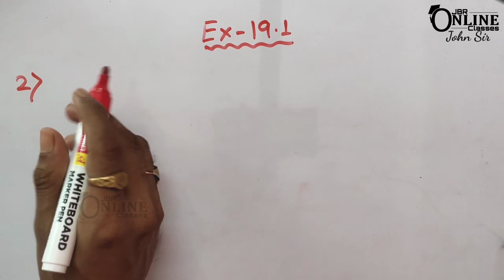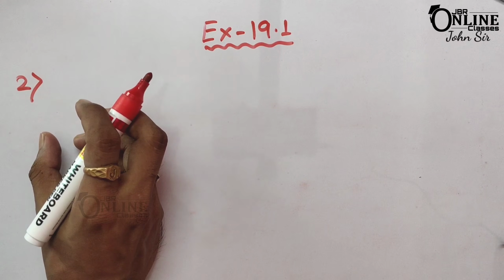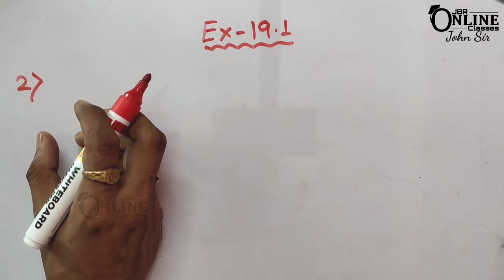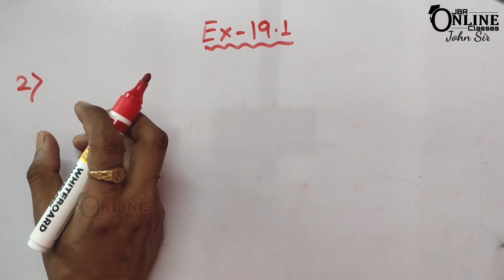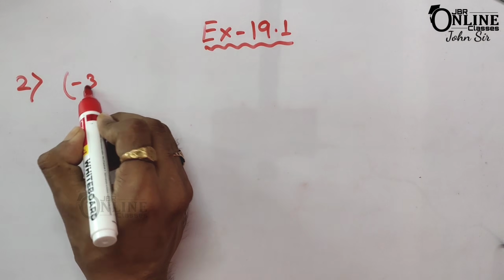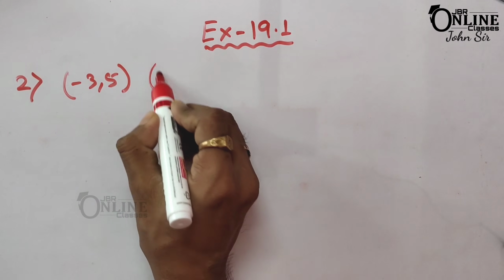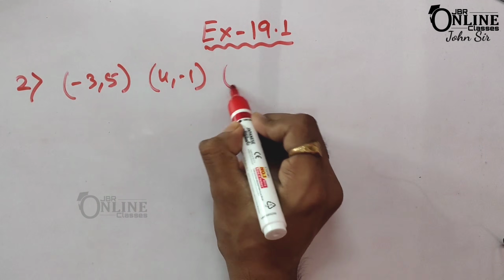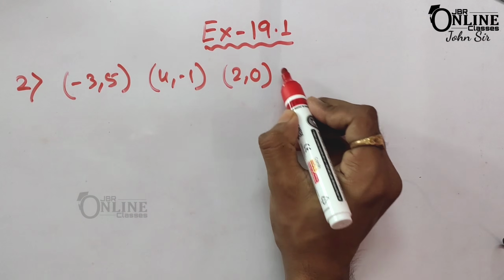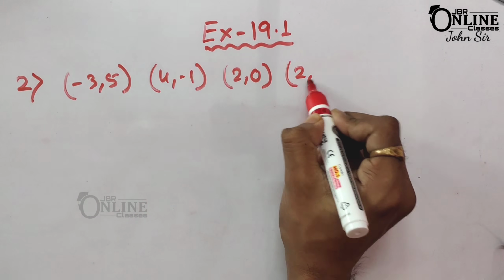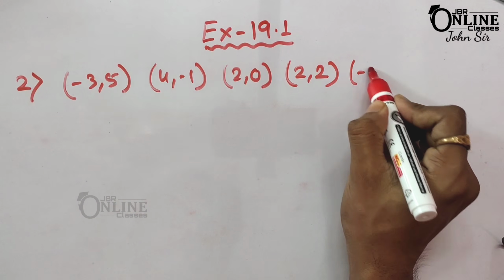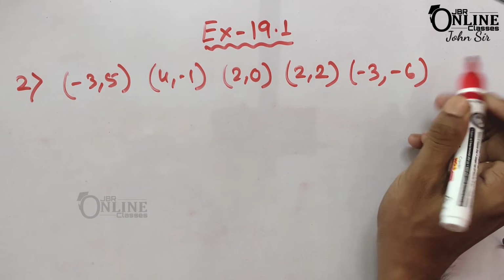Now sum number 2. In which quadrant or on which axis does each of the following points lie? The points are (-3, 5), (4, -1), (2, 0), (2, 2), and (-3, -6).